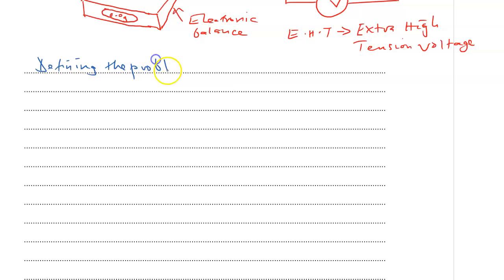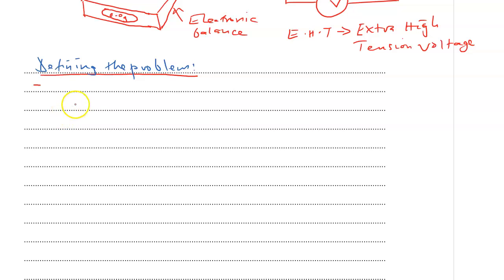What defining the problem entails, here you only need to do two things: identify the independent and the dependent variable and the variable that you're going to control.